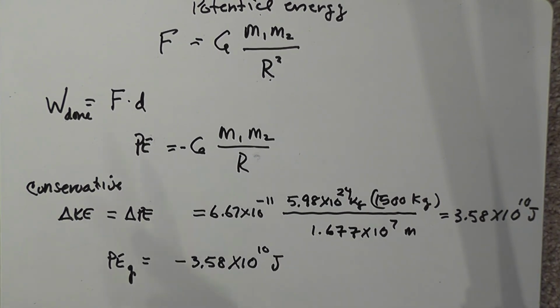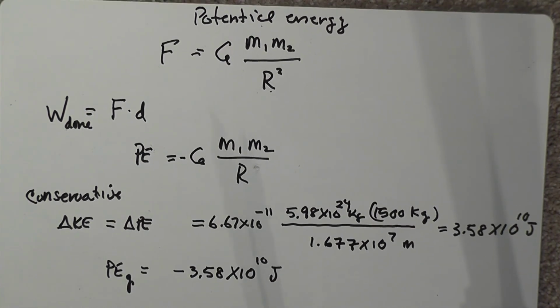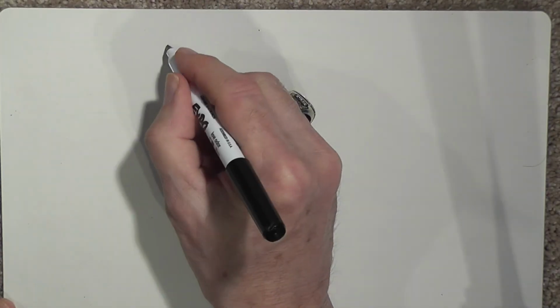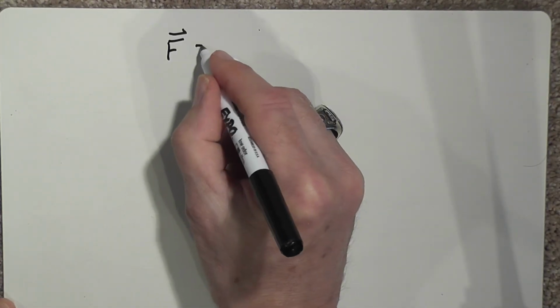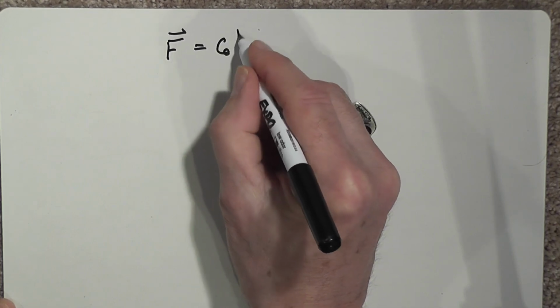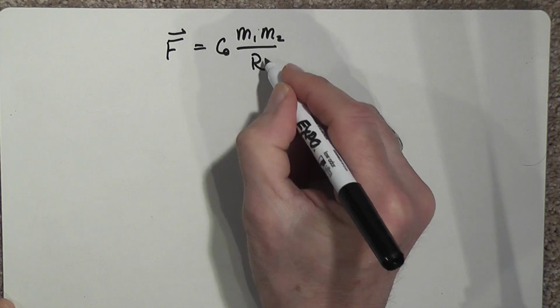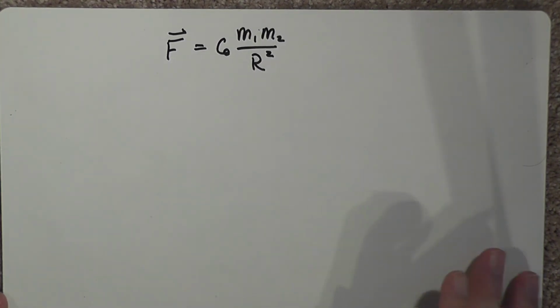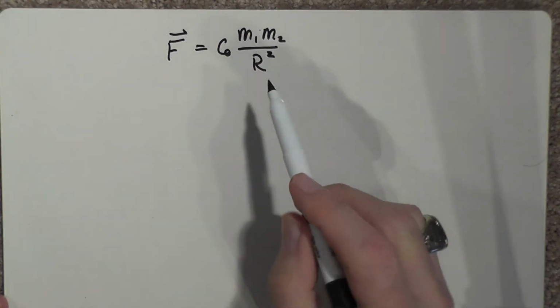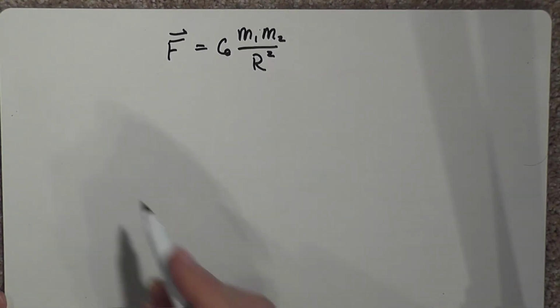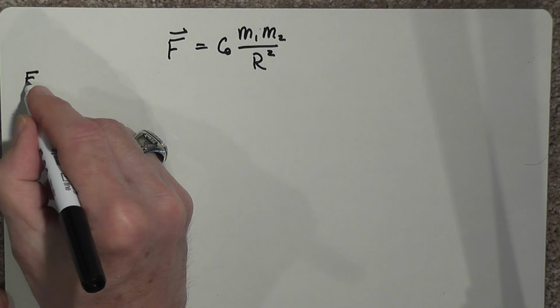Now let's look at another derivation using almost the same method. We have Newton's gravitational equation here, and this one we want to find escape velocity.